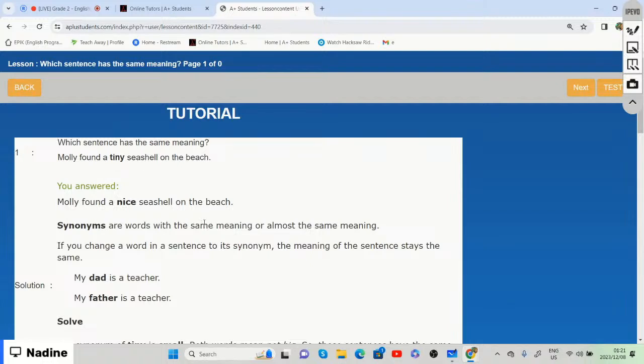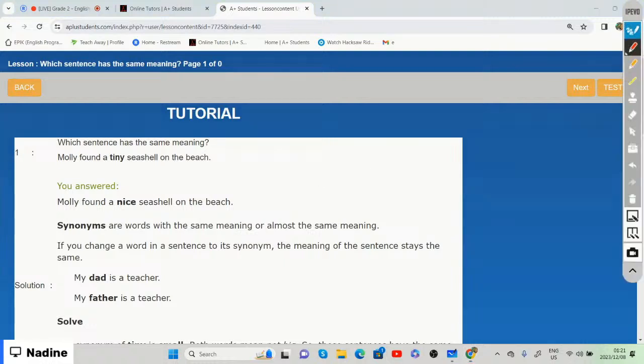How are we going to identify it? So then we can say tiny, and then we say it is small, right? Tiny is also small.